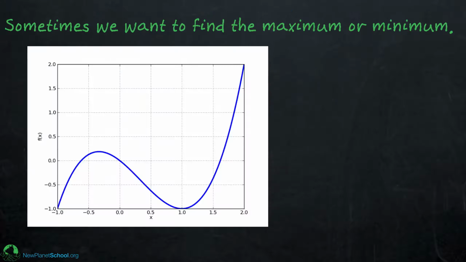Okay, now before I do that, I want to talk about a second goal that we might have, and that is to find either the maximum or the minimum. Instead of finding where a function goes to 0, another class of problems we might want to solve is when we want to find the maximum or the minimum of a function.